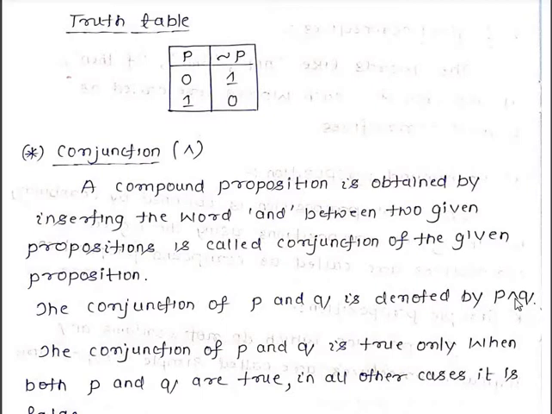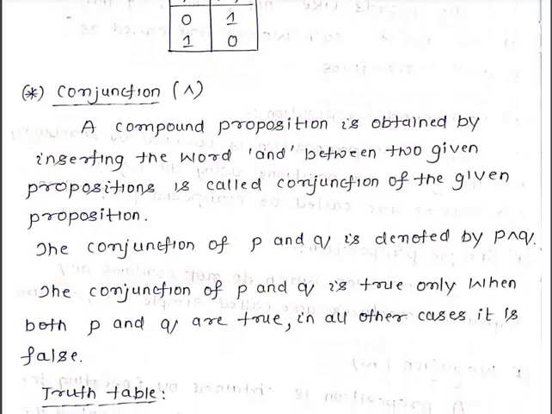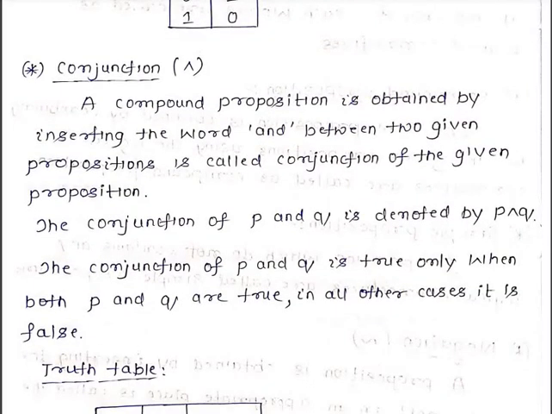There is no need to write the word and, as we are going to represent it in symbolic form, you have to use this caret symbol. P and Q. The conjunction of P and Q is true only when both P and Q are true. In all other cases, it is false.